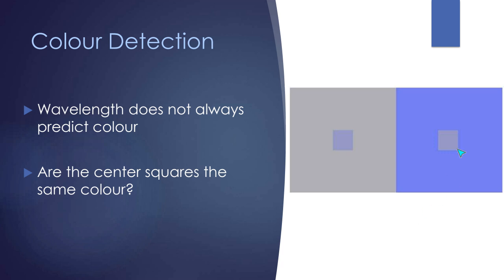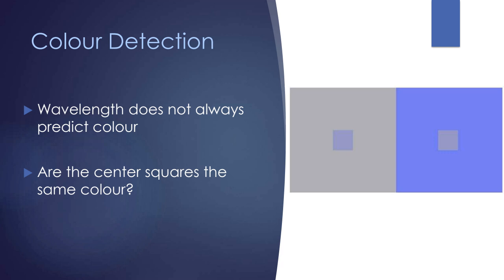Okay, they look like they're different colors, don't they? I think they do. I think this one looks more gray, and I think this one looks more mauve. So the square on the left and the square on the right do appear to be different colors, although they are actually reflecting exactly the same wavelengths.